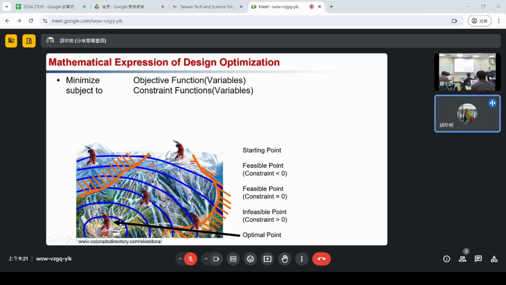But it's harder for you to find a solution, because you are changing too many parameters at the same time. So it takes more effort to figure out the best choices for multiple variables. So today I will show you how to do one variable optimization.